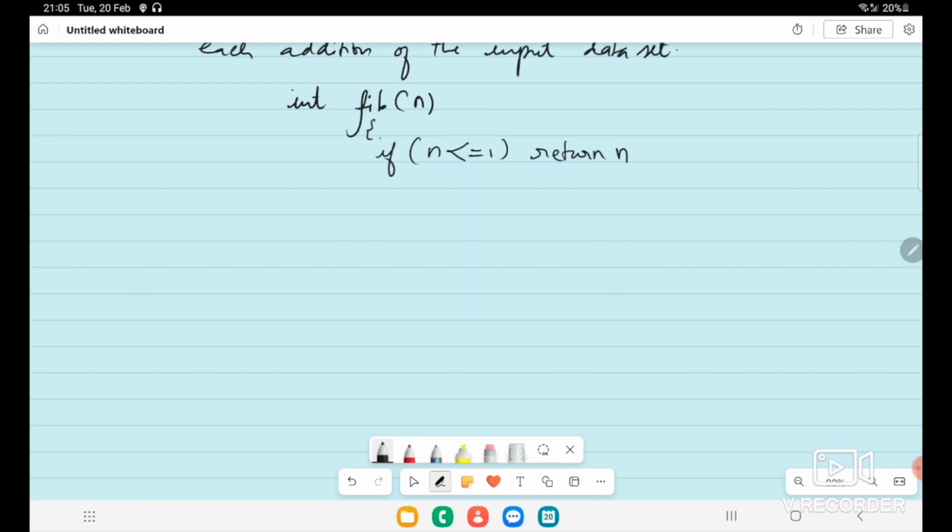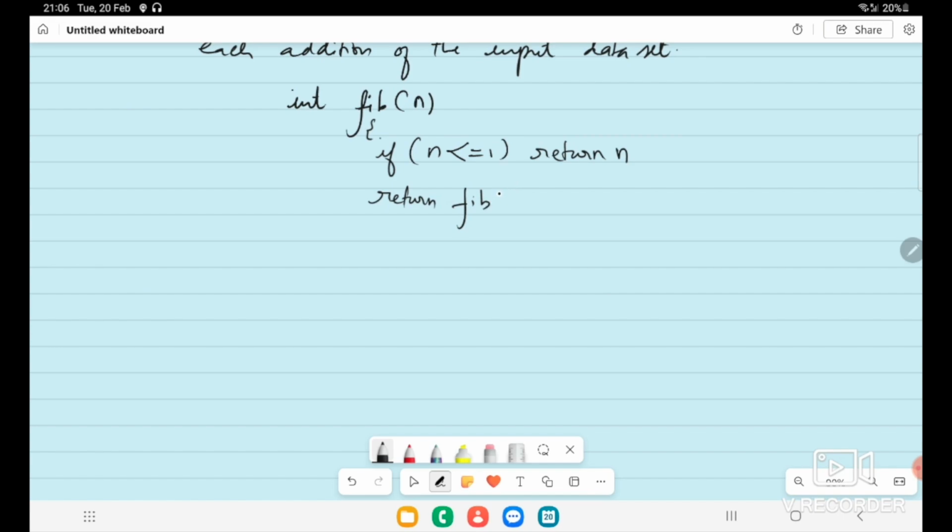This is just a simple Fibonacci series calculation. Otherwise, return fib of n minus 2 plus fib of n minus 1, calling the same function again.